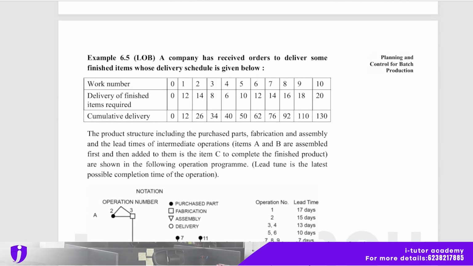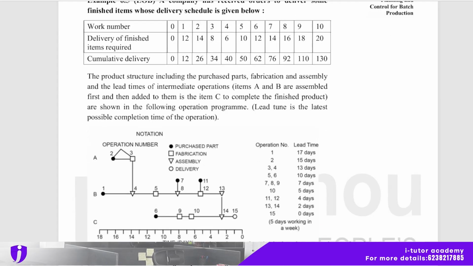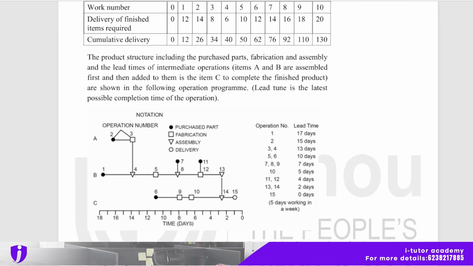So here is an example. A company has received an order to deliver some finished items whose delivery schedule is given below. Work numbers, delivery of finished items required, cumulative delivery, etc. are here. And the product structure, including the purchased parts, fabrication and assembly, and the lead times of intermediate operations are shown in the following operation program.